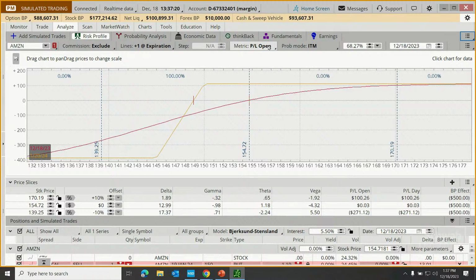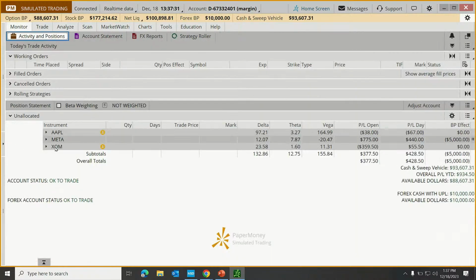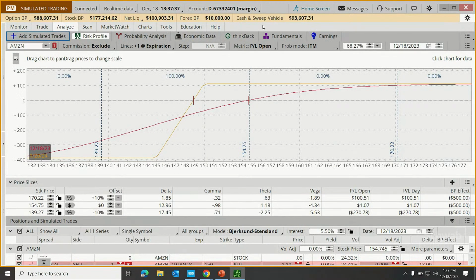There we go. But now, here's the thing. If we were to add this Amazon trade to our existing portfolio, well, we already have 3 other example trades in this paperMoney portfolio. I wonder what the resulting profit or loss scenario for the portfolio would be if we were to do that.